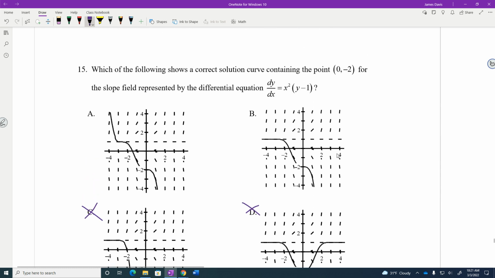So it's either A or B. They're the same except for this one spot, right? I don't think it can be A because they're going that way. So B is the only possibility.